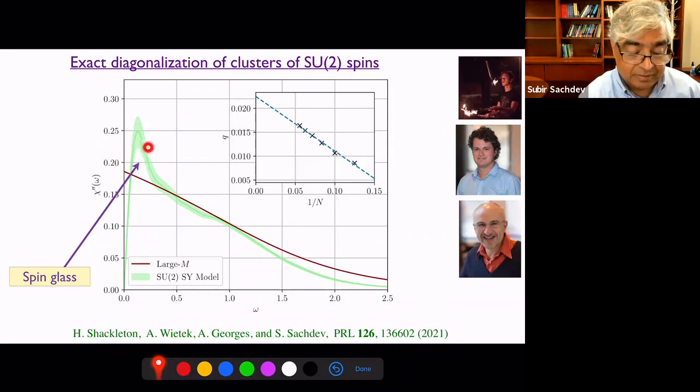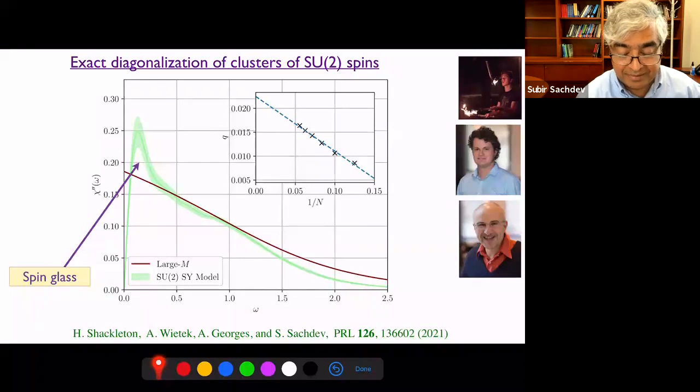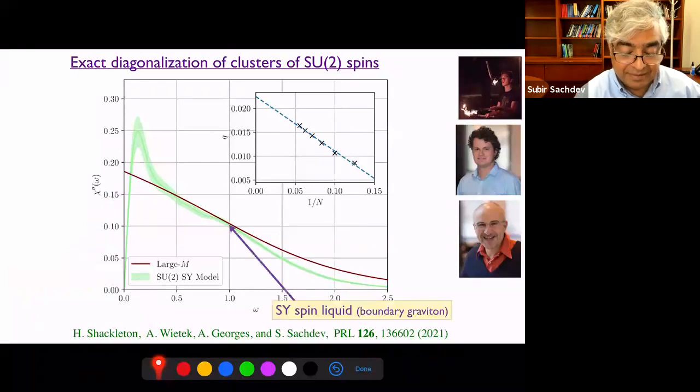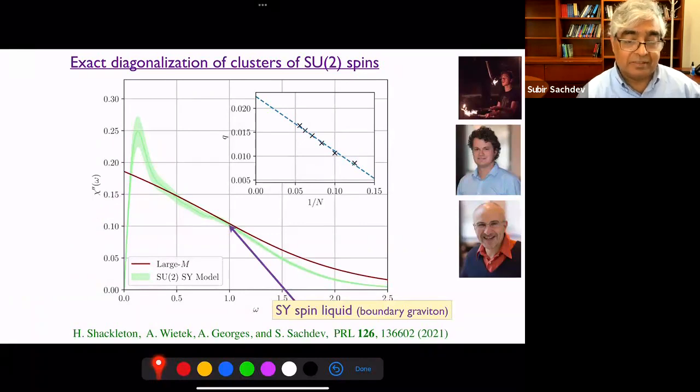So that's the spin glass order, which is not present in the SYK solution. However, if you look at the higher frequency part, it's actually not a bad match to the red line, which is what we obtained from the large M limit. There's one parameter that we rescale, but that's it. The general shape is the same, and also this linear behavior and the discontinuity are believed to be exact exponents to all orders in 1 over M.